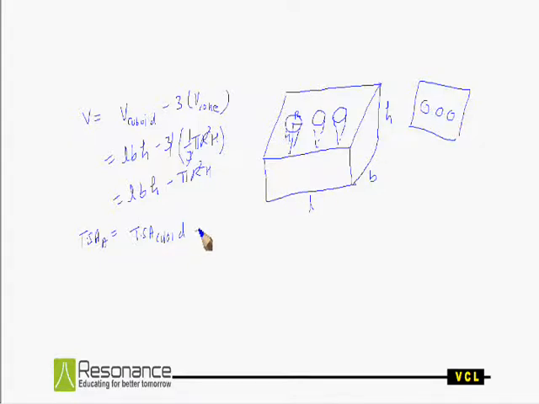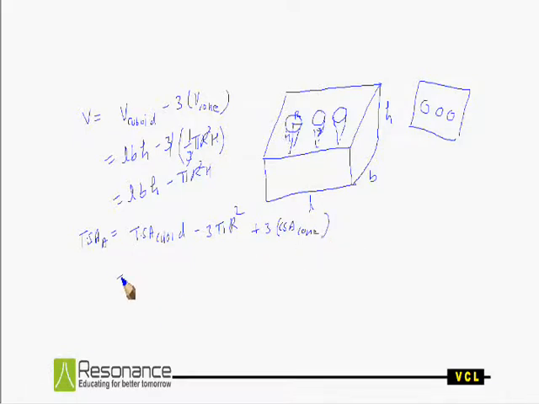So the area of these three holes is 3 pi R square. Now while making the conical portion, we get a new area which is the curved surface area of the cone. So we are making three holes, so we are getting 3 times the curved surface area of the cone.